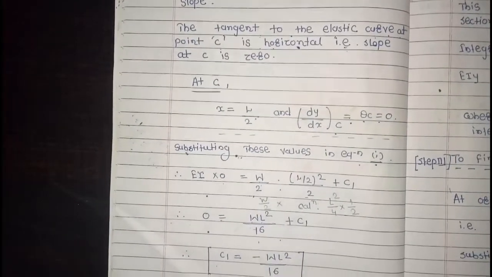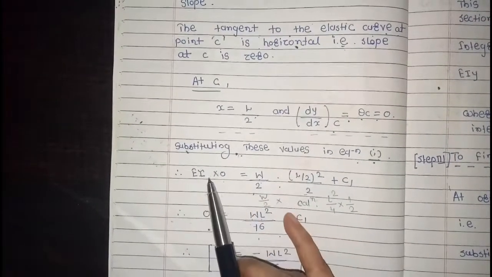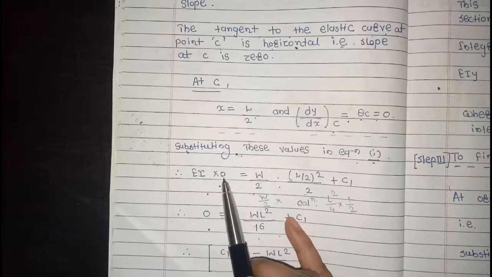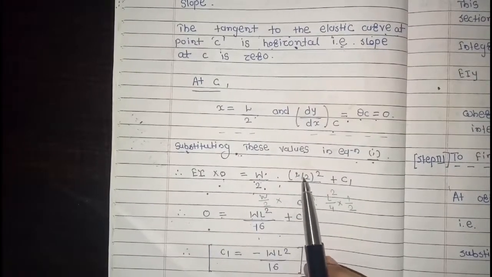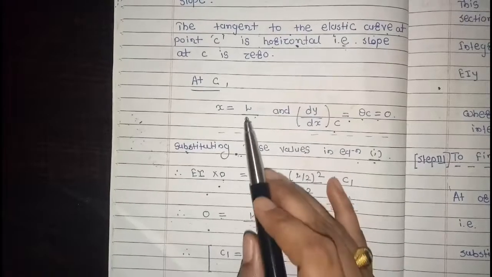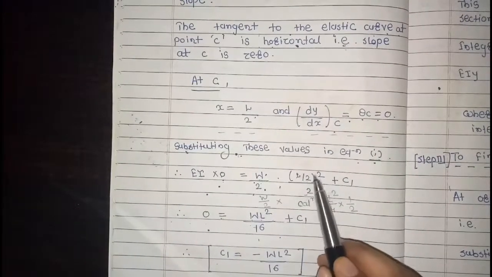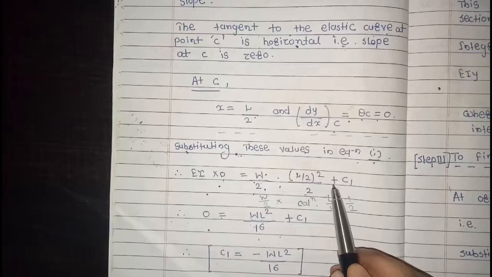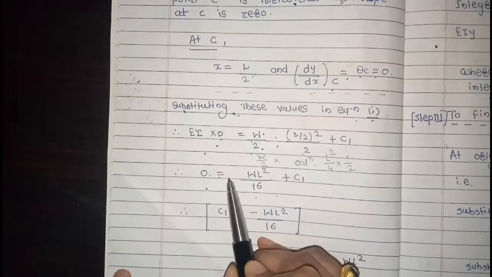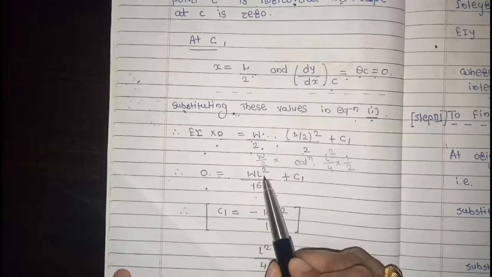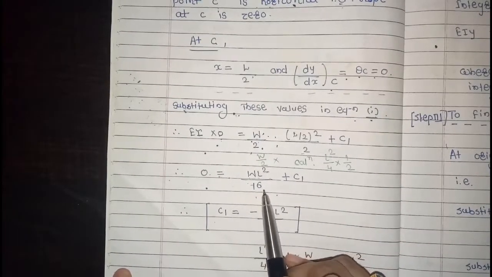Then we get EI into dy by dx, value 0, is equal to W by 2 into, what is the value of x? L by 2 whole square divided by 2 plus C1. Then we get EI into 0 is equal to WL square by 16.